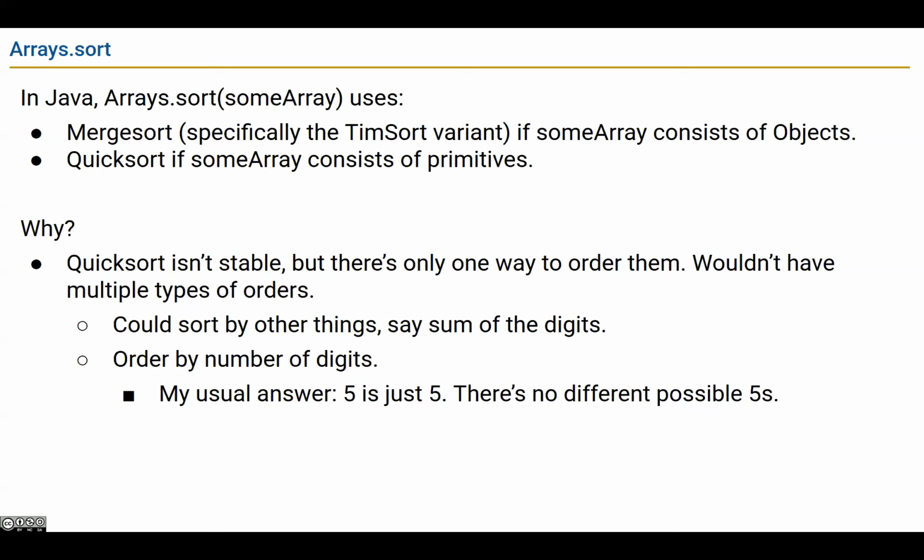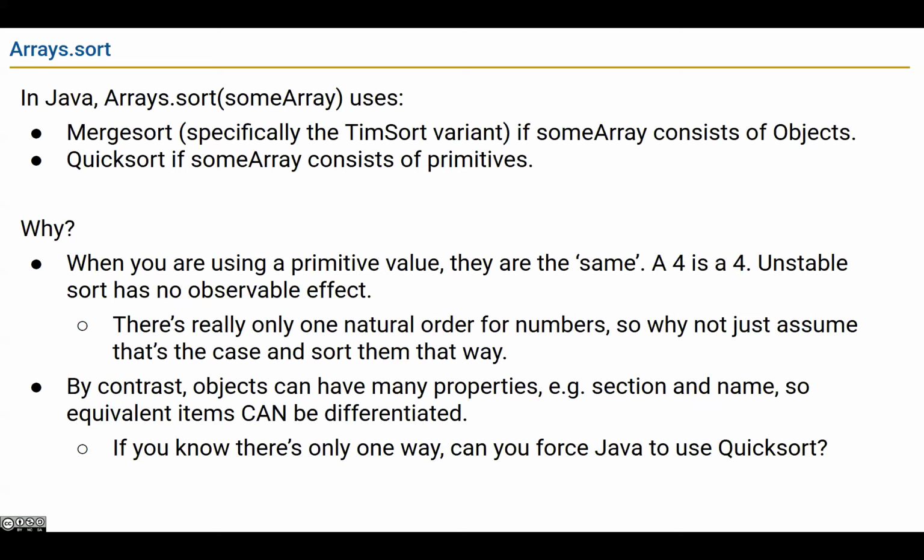So because of this, quicksort is more efficient. It's faster to use. You are going to want to use that for primitives. But merge sort or a stable sorting algorithm might be used instead if you have a list of objects. So because of this, you do end up needing these two different types of sorting algorithms. It's interesting to see how Java picks the right sorting algorithm depending on the problem.